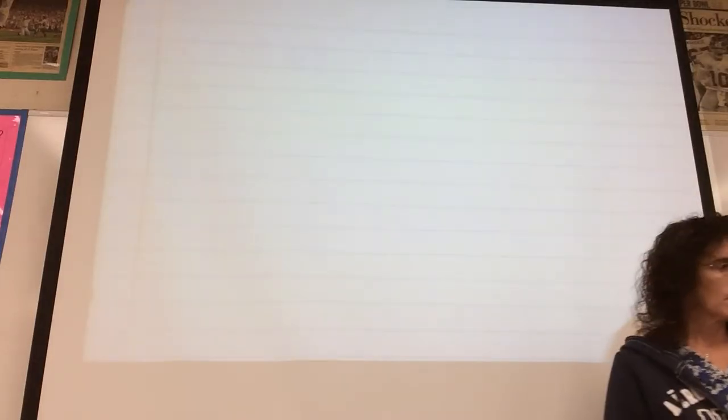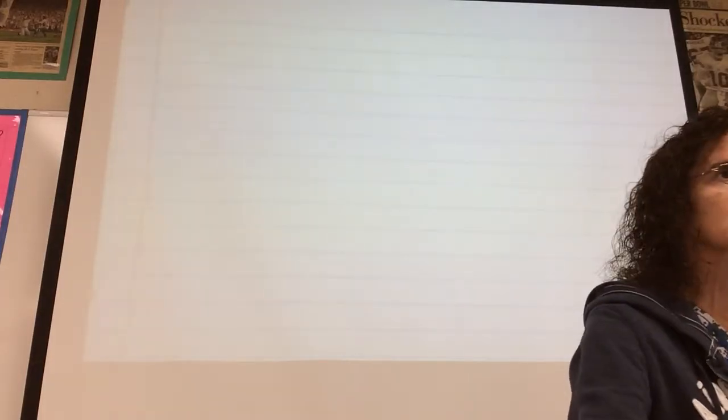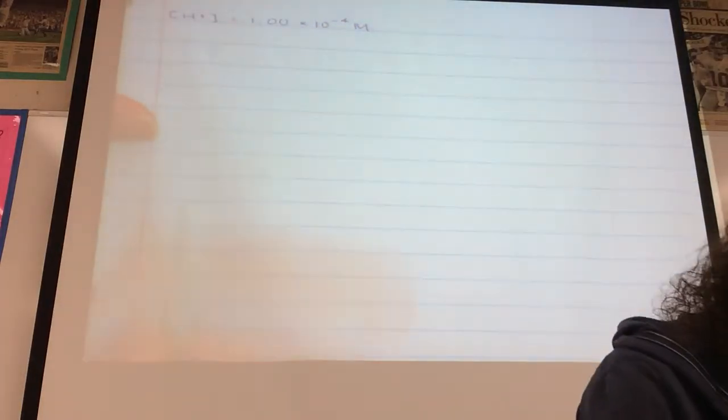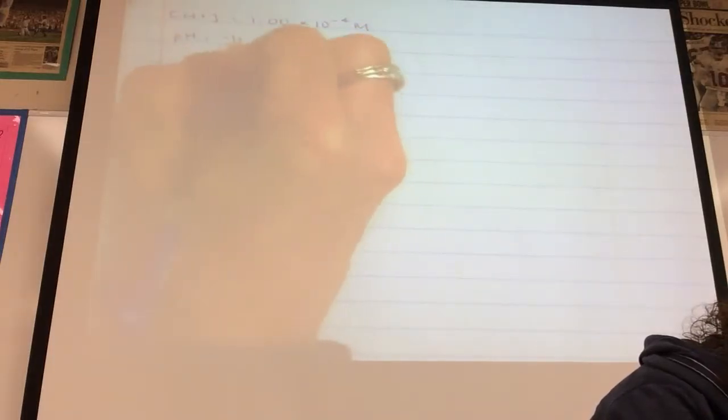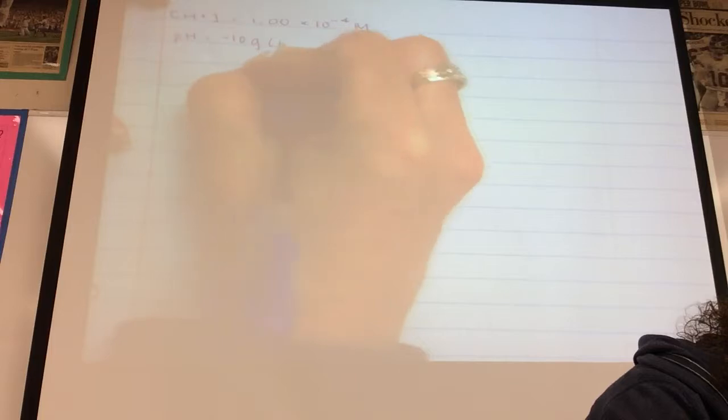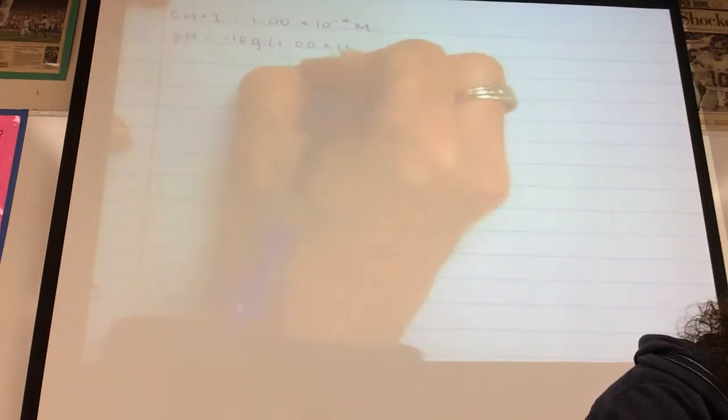All right. Another thing I want to show you are the sig figs. In the problem that I gave you, the proton concentration was 1.00 times 10 to the negative 4 molar. We know the pH is equal to the negative log of the proton concentration.